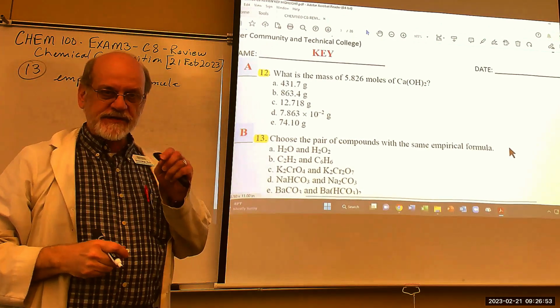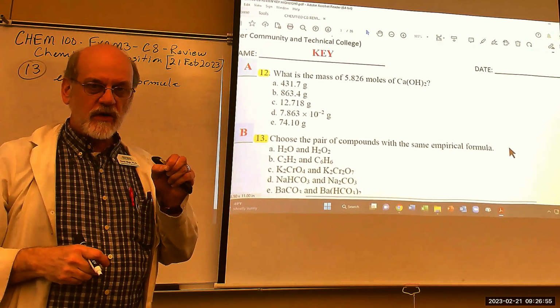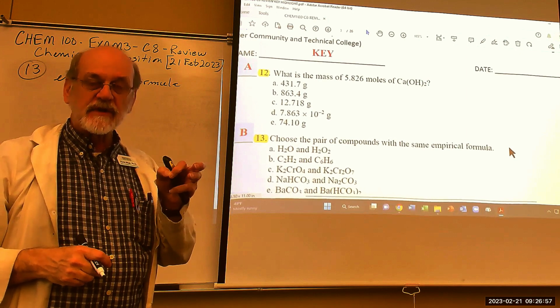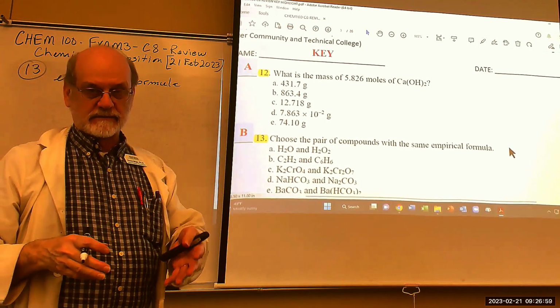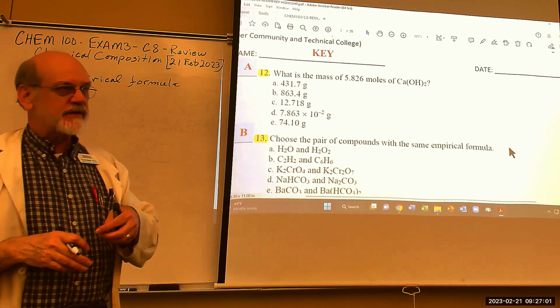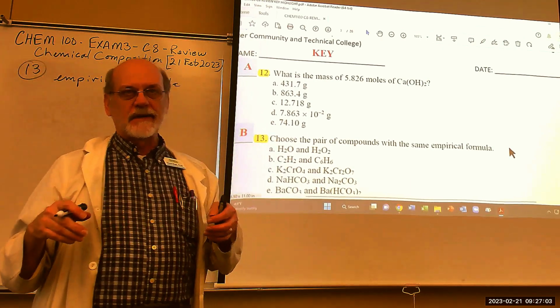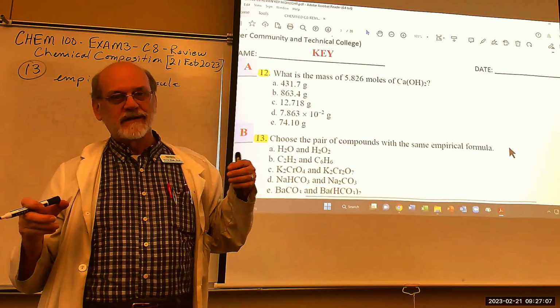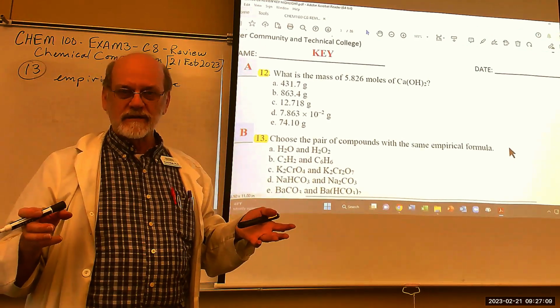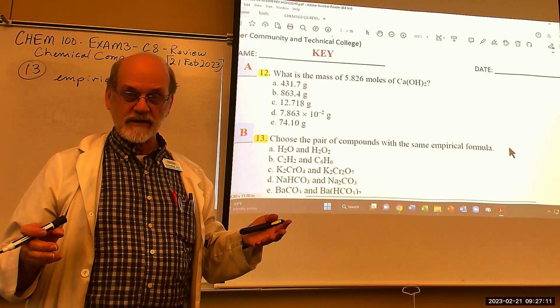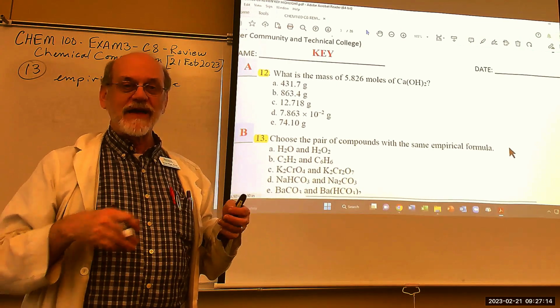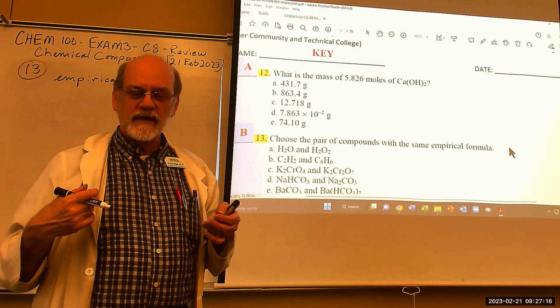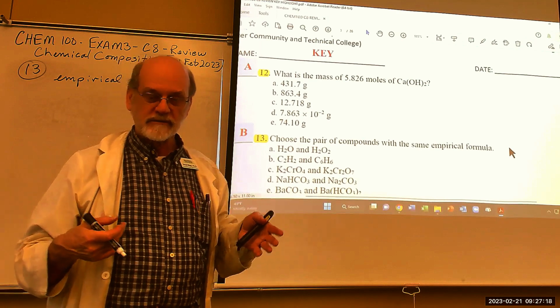It is the simplest whole number ratio of atoms in a formula. So if it's, I don't know, H8O4, that's not the simplest whole number ratio, because you can divide through the whole thing by 4. If you do that, then you get H2O.